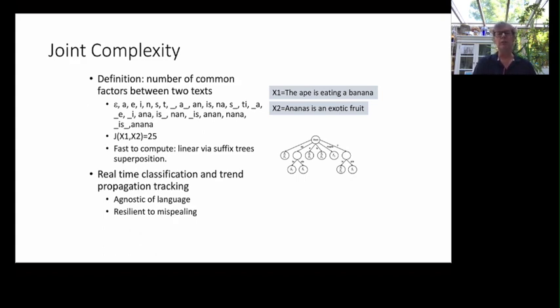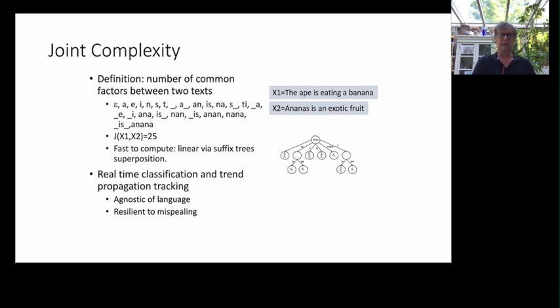It is very easy to compute. It is linear, via suffix tree superposition. You just superpose the suffix trees, look at the common branches, and count the common nodes. It is very convenient to detect when two texts are very close or have a lot of similarities.